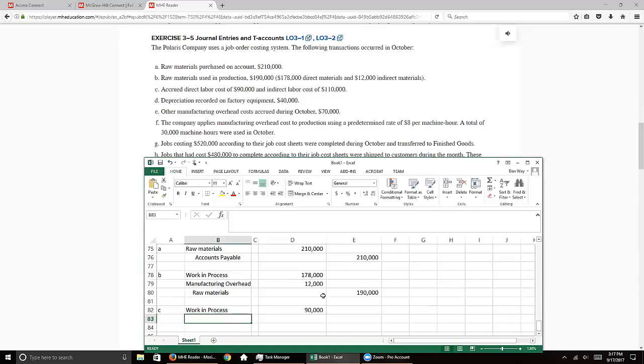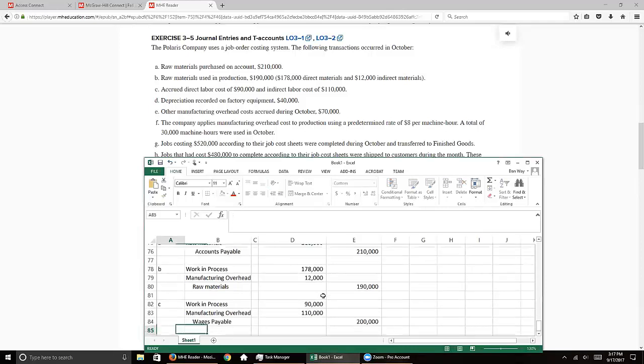Indirect manufacturing costs need to go to manufacturing overhead. So indirect labor, $110,000. And in this case, we said we accrued these costs, so we need some kind of wages payable. We didn't pay for them in cash. So the sum of those two, the 110 and the 90, $200,000.